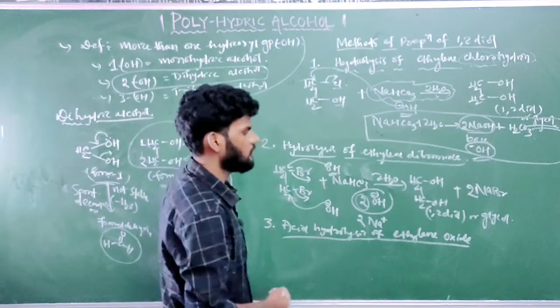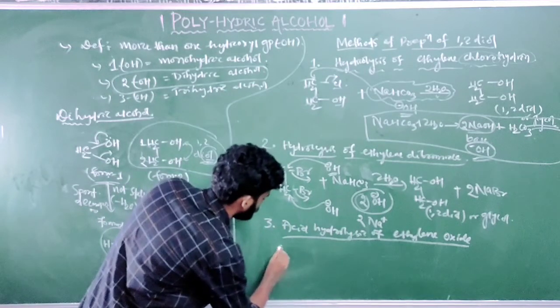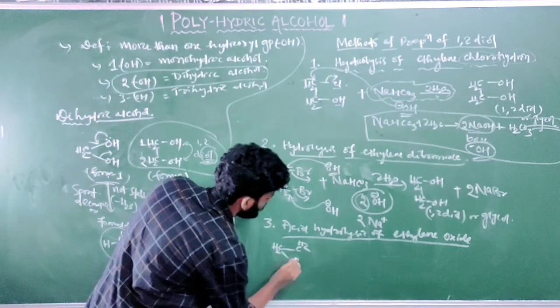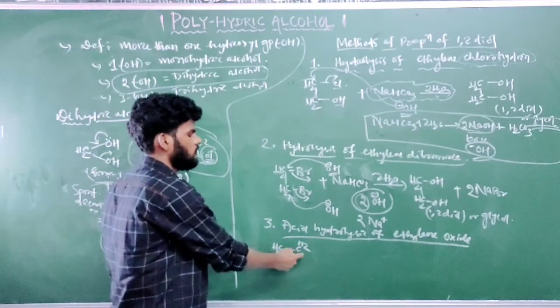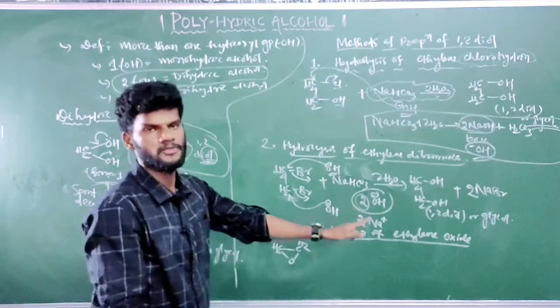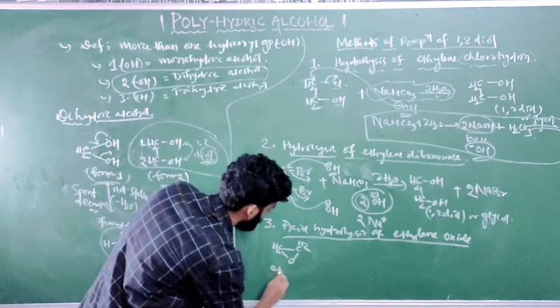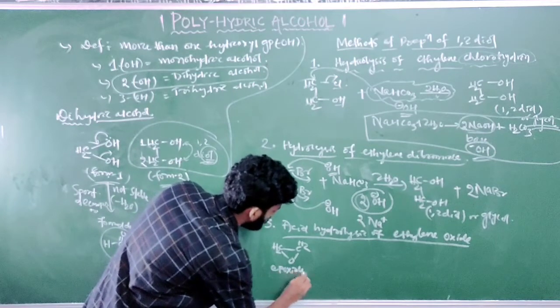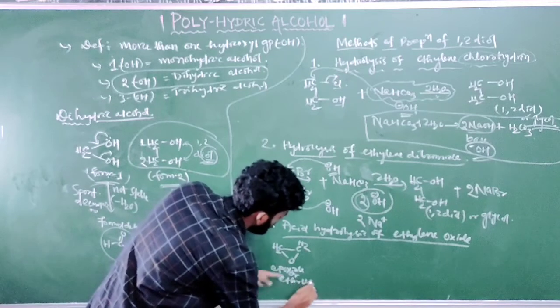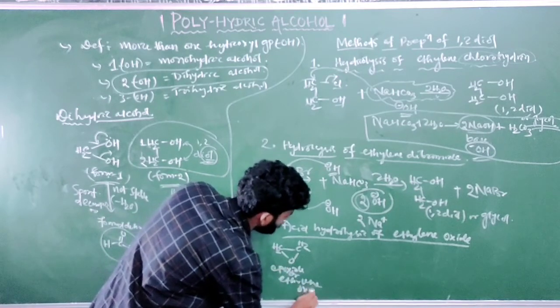So what is the structure of ethylene oxide? The starting material is CH2CH2O. This is an epoxide: CH2CH2 bound to one common oxygen. This is epoxide or ethylene oxide.